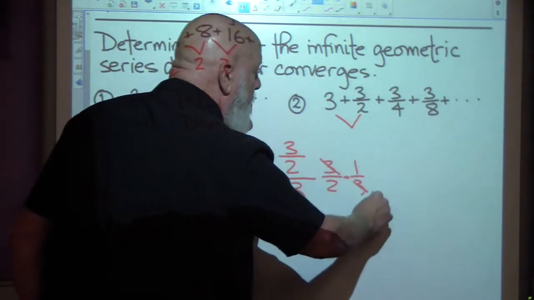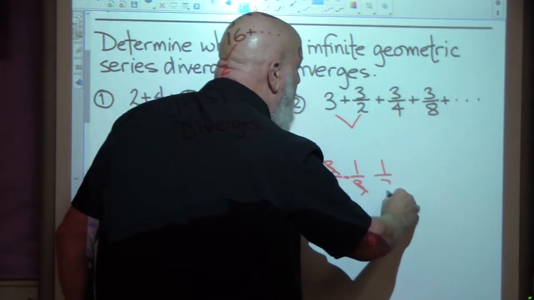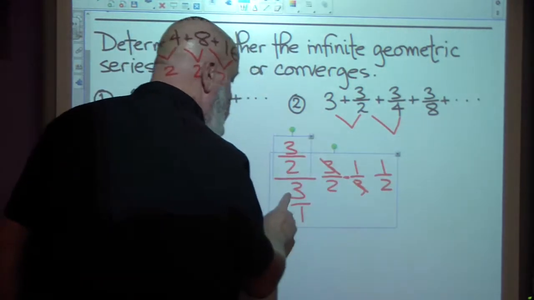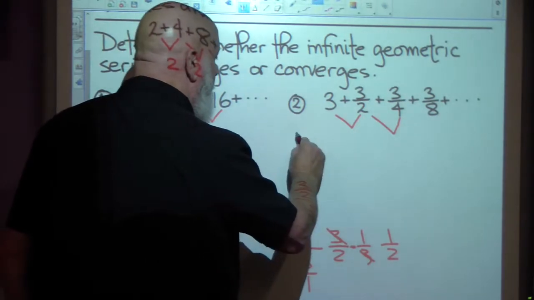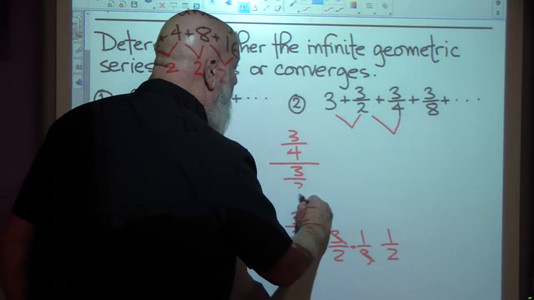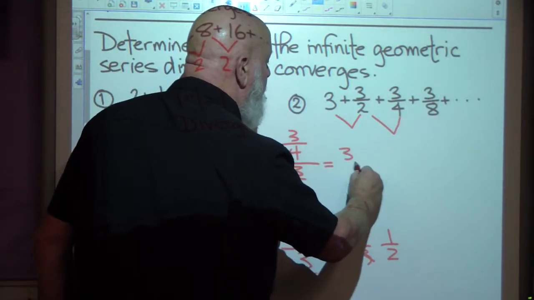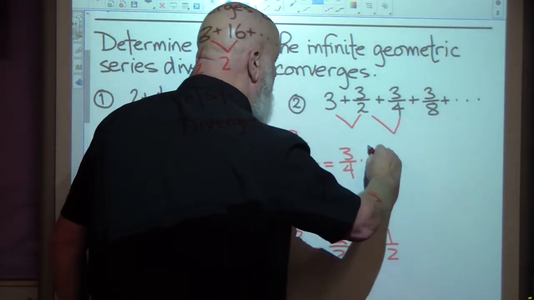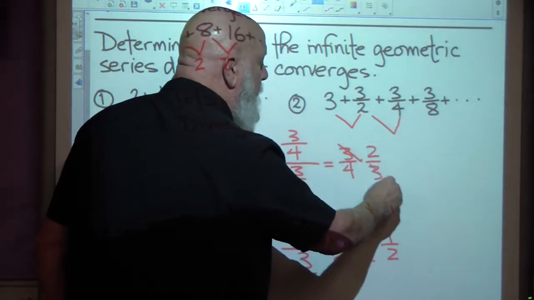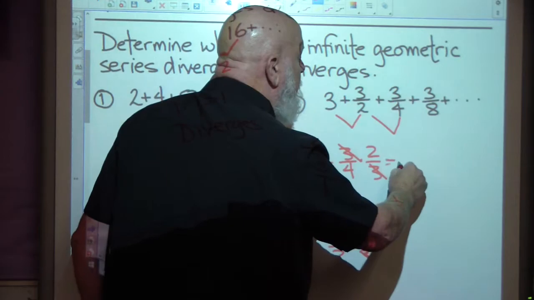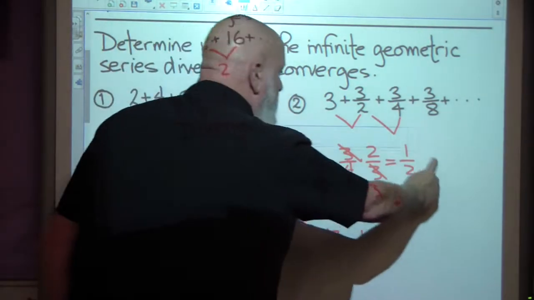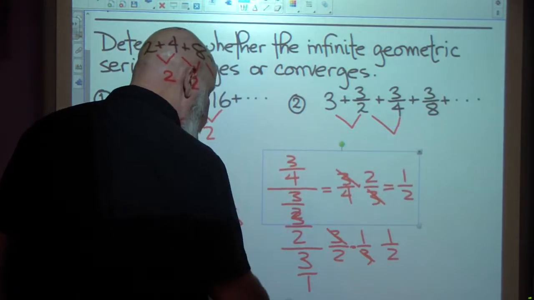These will cancel, and that gives me 1/2. 3/4 divided by 3/2 is the same thing as 3/4 times 2/3. We invert and multiply. These will cancel, leaving me with 2/4, which is also 1/2. So my common ratio, in this case, is 1/2.